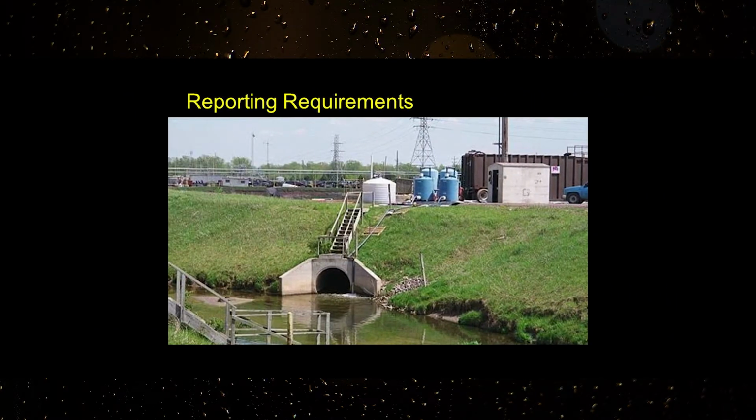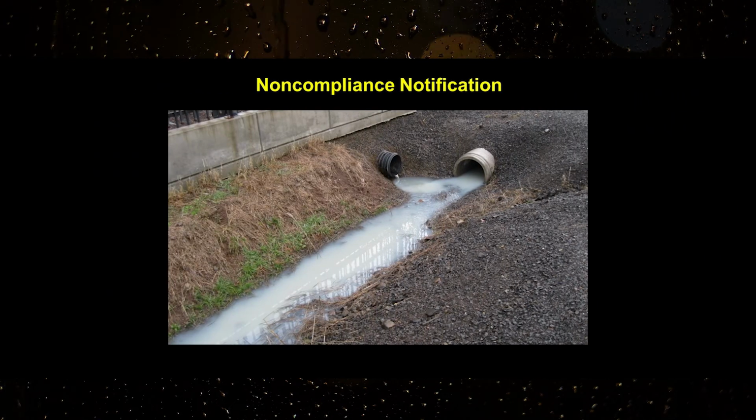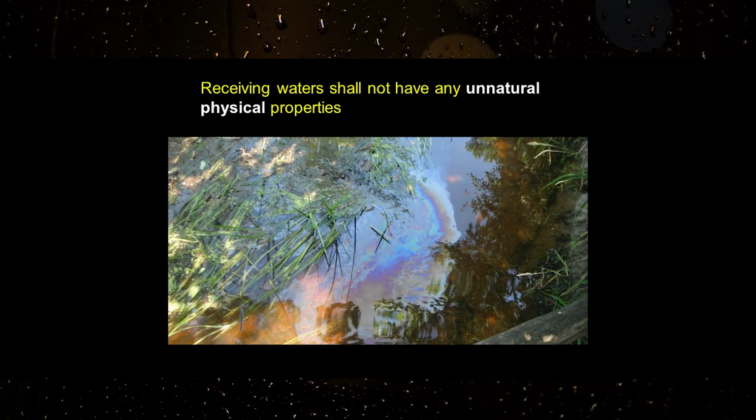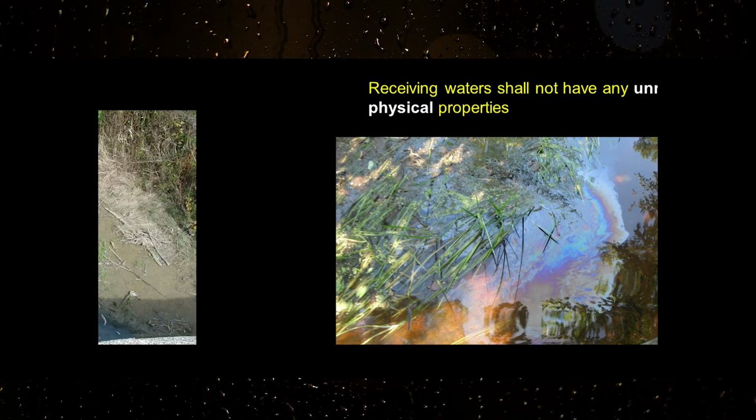In addition to retaining records at the facility, the stormwater permits require reporting for some specific circumstances. If there is noncompliance with the permit or other water quality regulations, the noncompliance must be reported to the EGLE Water Resources Division District Supervisor. When stormwater is discharged to the surface waters of the state, there shall be no violation of the water quality standards in the receiving waters as a result of this discharge. This requirement includes, but is not limited to, the following conditions.